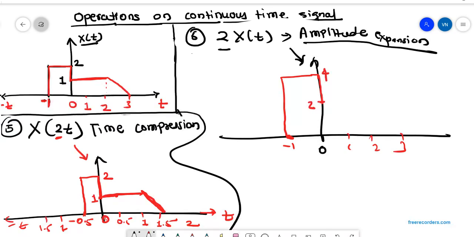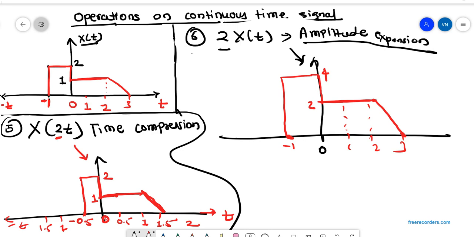Whatever the amplitude for 1 and 2, the initial is 1, so multiplying by 2 is nothing but 2. And after that for 3 we have a 0 amplitude, so obviously 0 into anything is 0. So this is the amplitude we will get for each and every time.